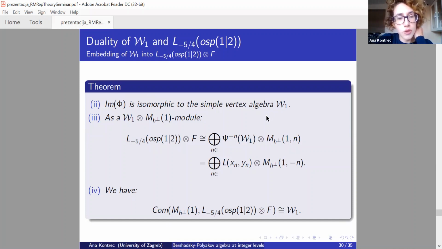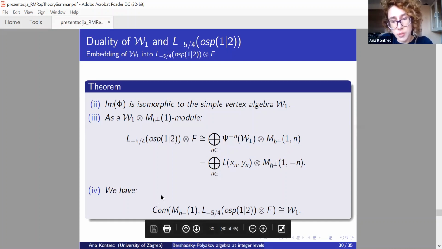And also what's interesting about the modules: the tensor product of L minus 5/4 of OSP, tensor F, is isomorphic to a direct sum of the modules for the Bershadsky-Polyakov algebra W1 tensor modules for the Heisenberg algebra.